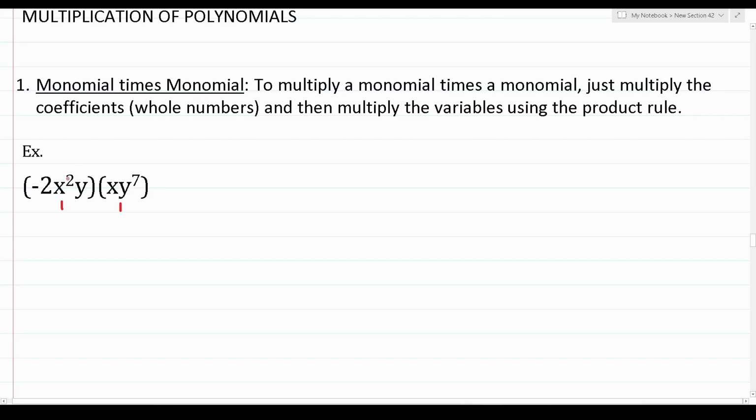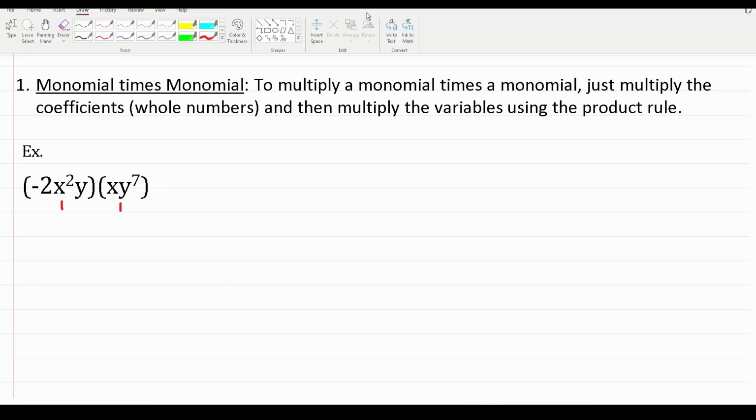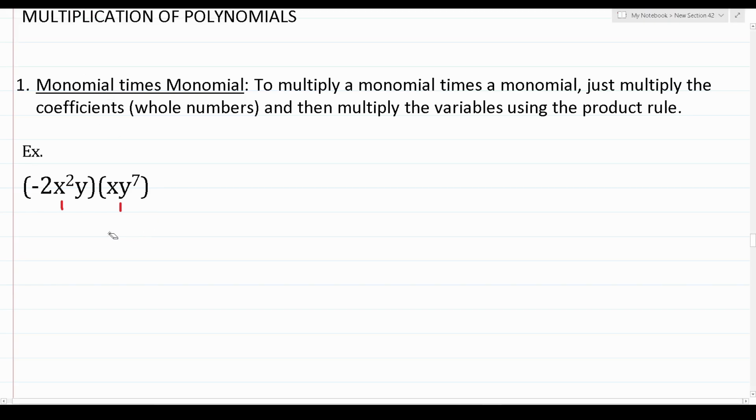So we're taking this monomial and multiplying it by that monomial. I did define that in yesterday's video, so if you want to go back and watch that, that'd be a good idea. As far as multiplying monomials together goes, just multiply the coefficients, that is the whole numbers, and then multiply the variables using the product rule.